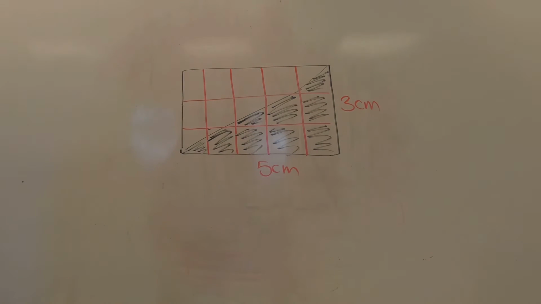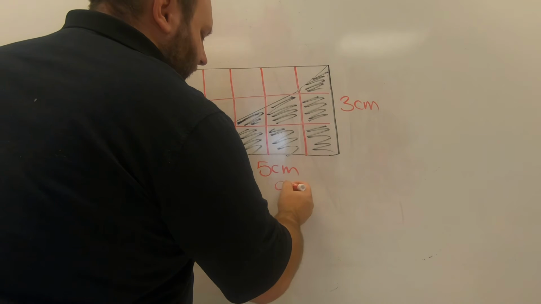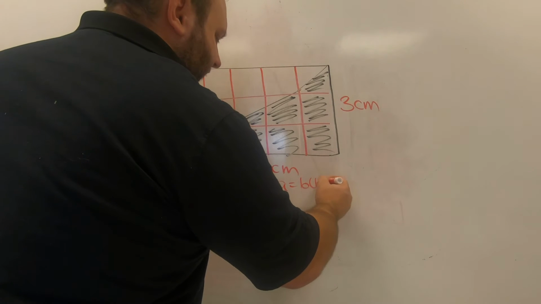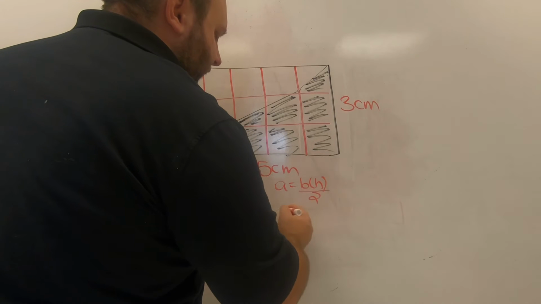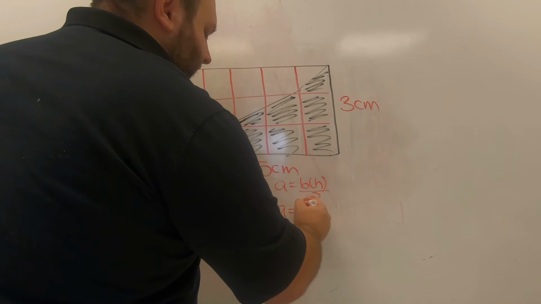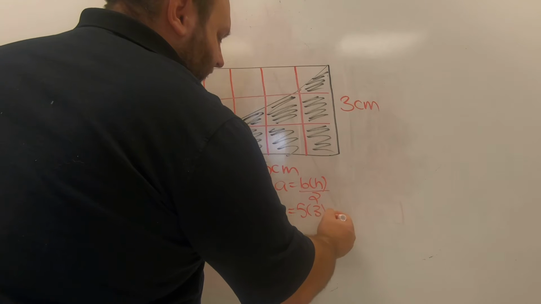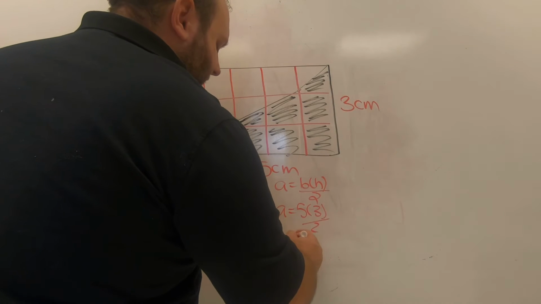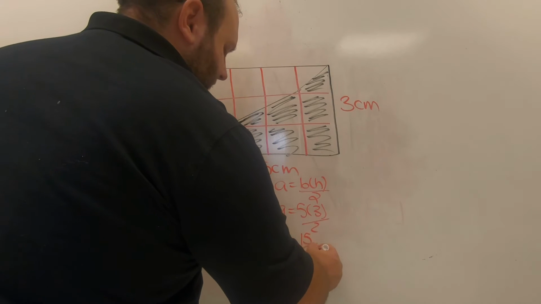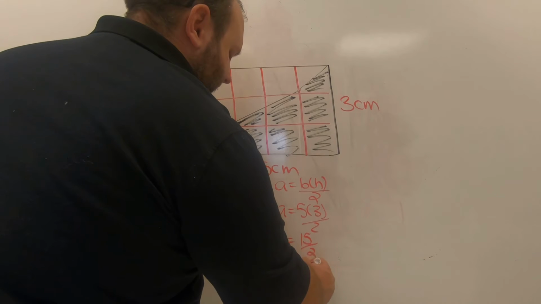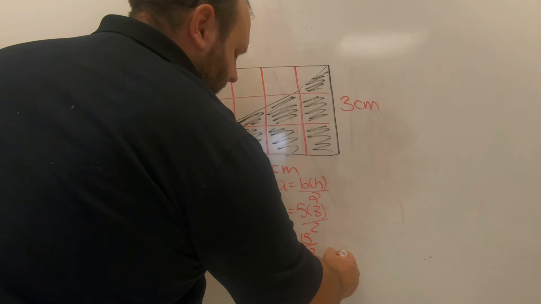There you go. Now, again, we apply our formula, the same one we used from before. Area equals base times height divided by 2, because a triangle is half of a parallelogram. The base we said is 5. The height we said is 3, divided by 2. 5 times 3 is 15. And 15 cut in half is 7.5 meters squared.